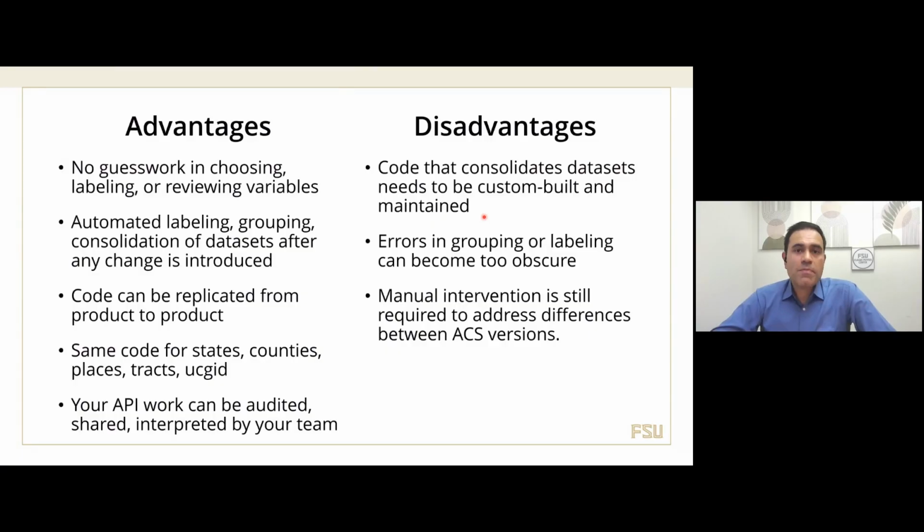So with this approach of building code that maintains our API query, we stop having to guess what is the variable that we are using, particularly when we try to communicate with the team.